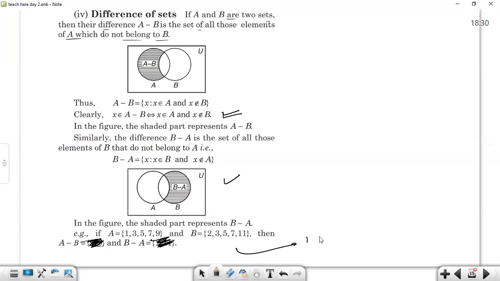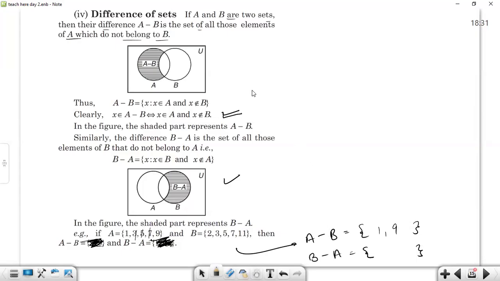Now tell me, what is A minus B? First, tell me what is the set A minus B here? 1, 9. Good memory. Why 1 and 9? Because 3, 5, 7 are also in B. Yes, good. 1 and 9. And what is B minus A?